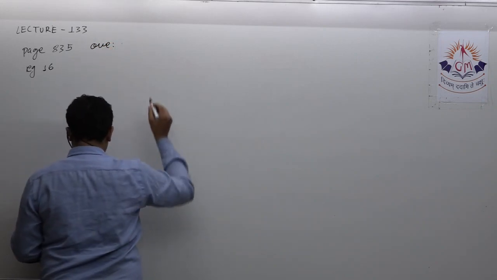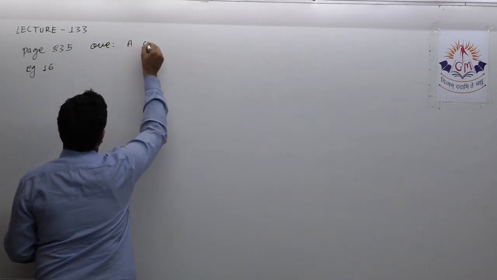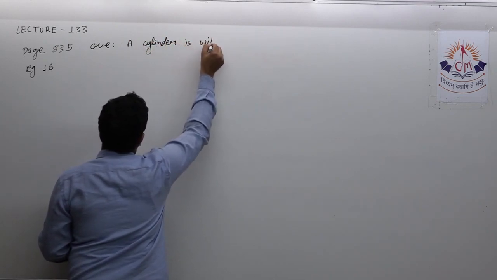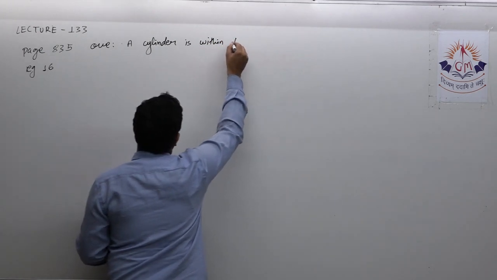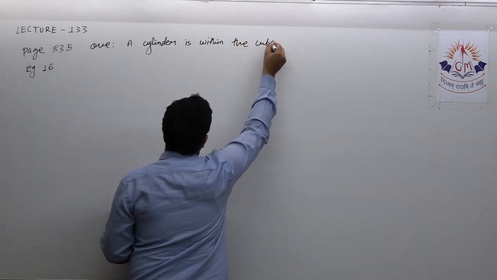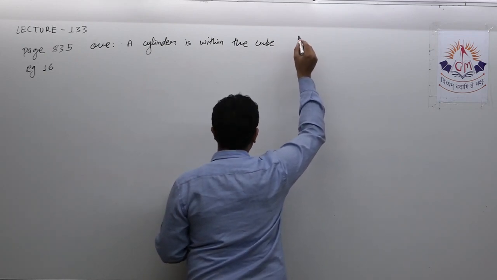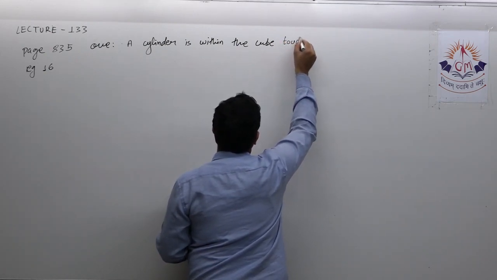A cylinder is within the cube, touching all the vertical faces.